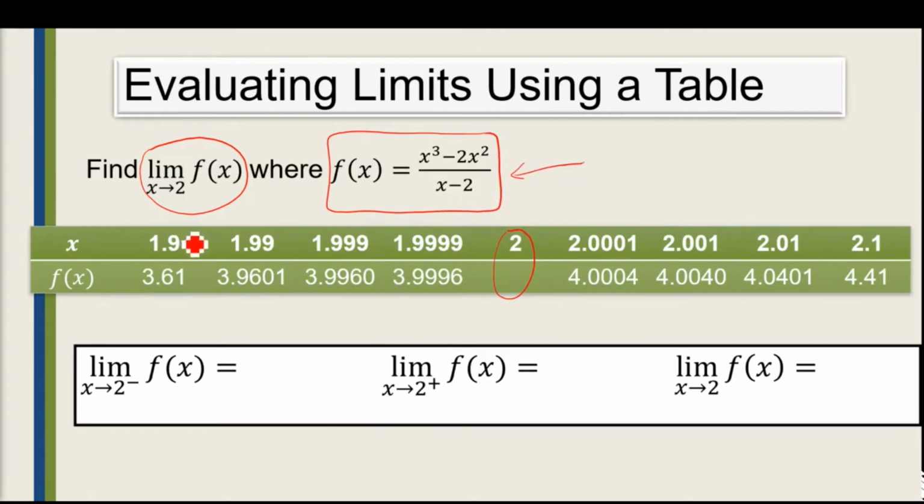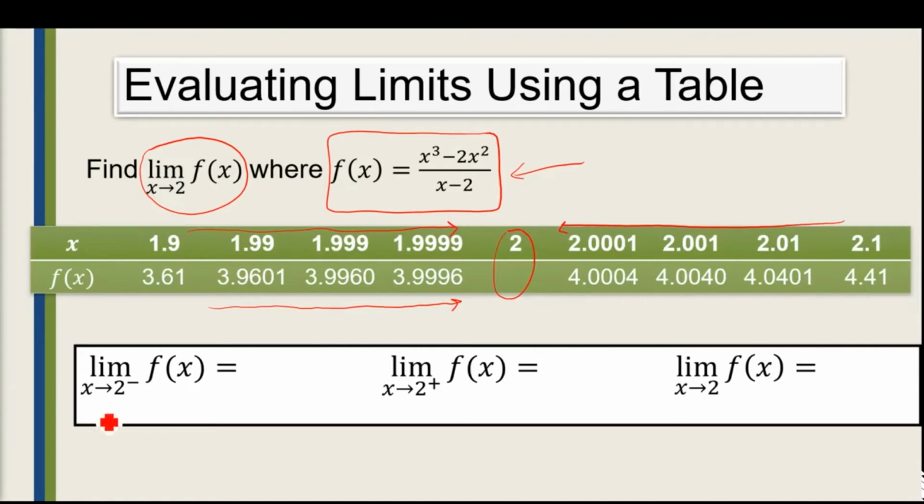So we have x values that are getting close to 2 from the left, and we have x values that are getting close to 2 from the right. And so as x gets really, really close to 2 from the left, does it appear that your function values are approaching a particular number? Well, in this case, it looks like our function values are getting closer and closer to 4.